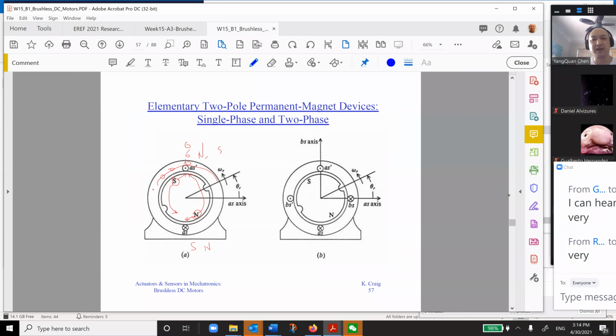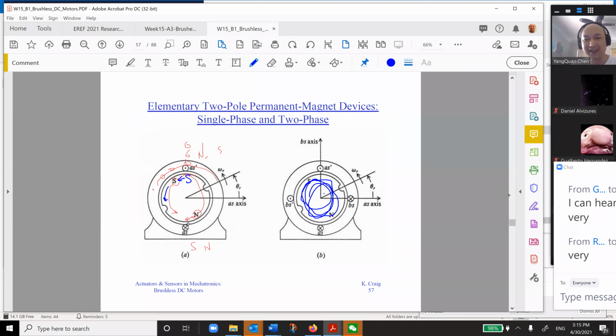For the permanent magnet device, everything inside here is a block of permanent magnet. So they have a dedicated S and N. This is a fixed position, right? Of course, you know that whenever you have N and S, if this is S, then it will push this S away, right?